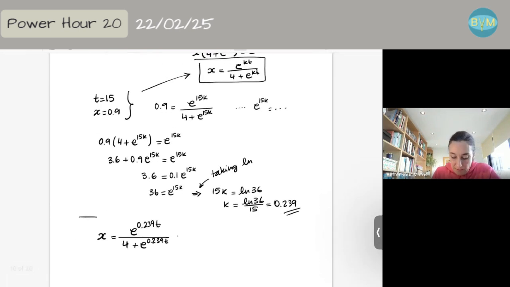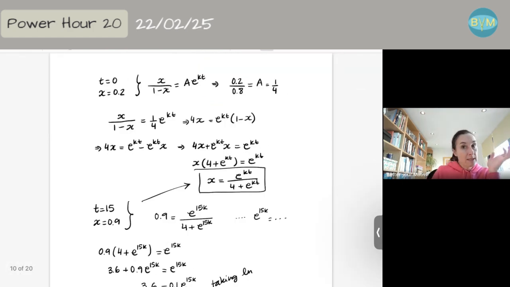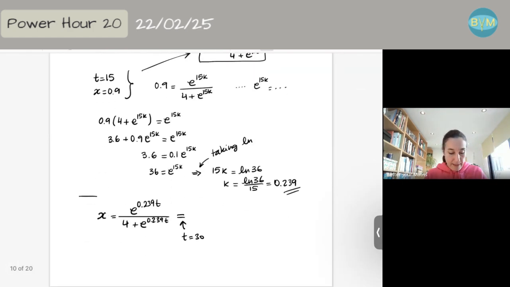So I'm going to substitute t by 30 minutes. Careful with the units, because t is in minutes, but they could say after 1 hour, and then you have to change into minutes, don't substitute 1 hour.